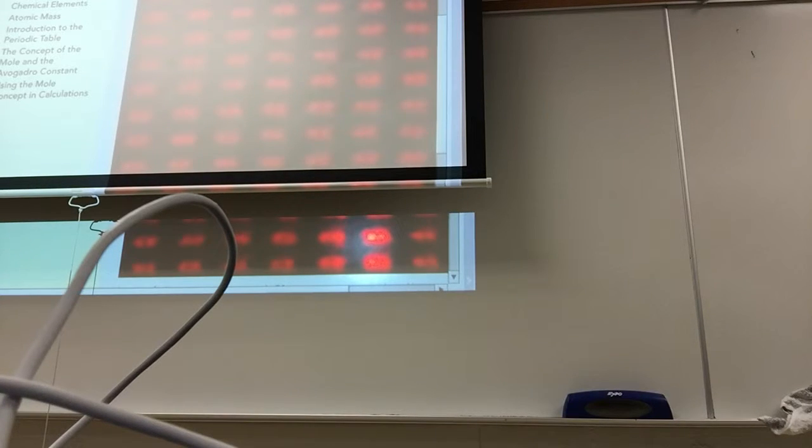But the law of multiple proportions, with that bit of evidence, it seems to make sense that matter is made up of atoms. It makes sense because if matter was made up of infinitely divisible ether, then you could combine things in any ratio or transform things into anything you want, right?